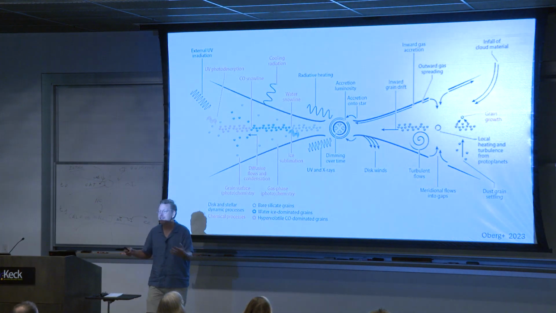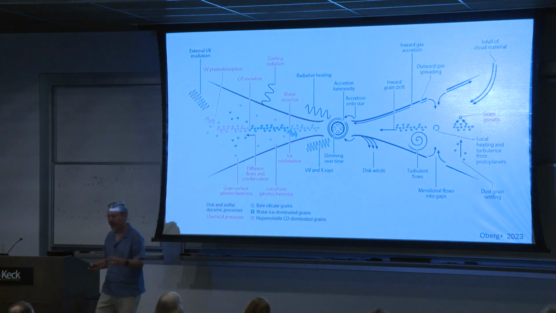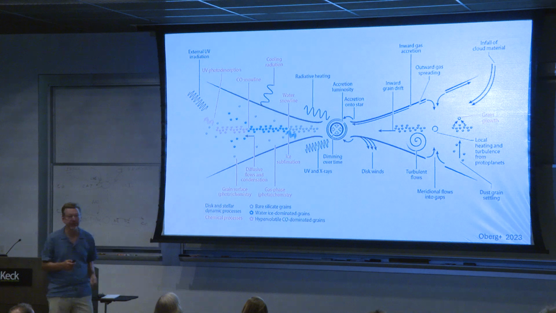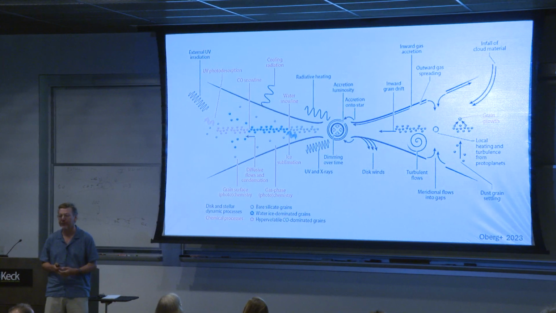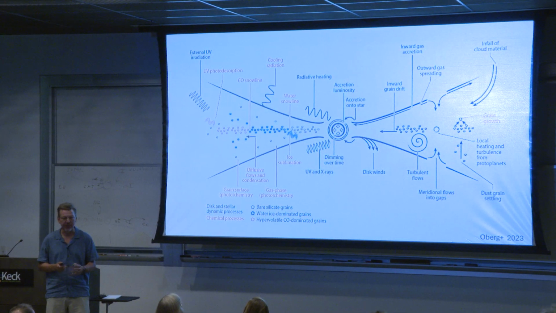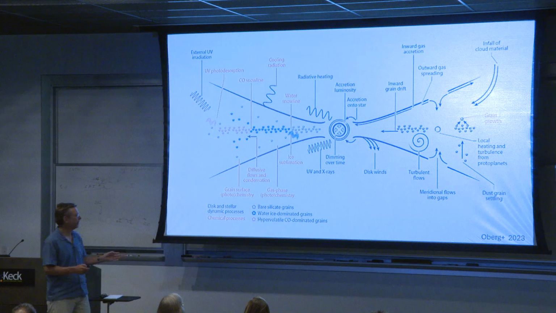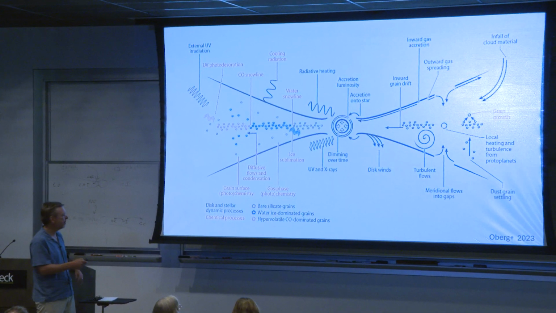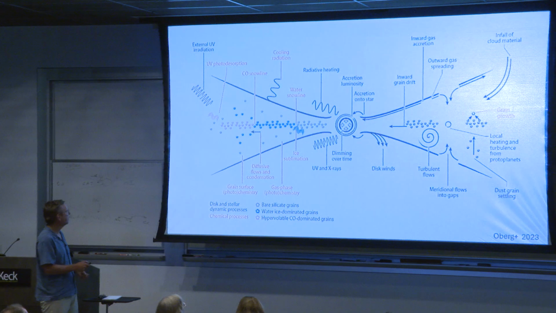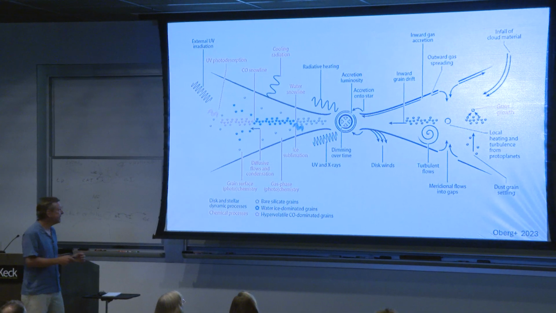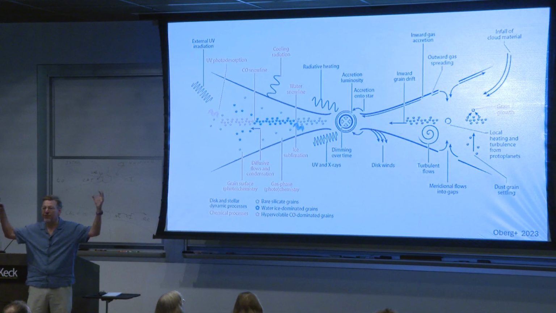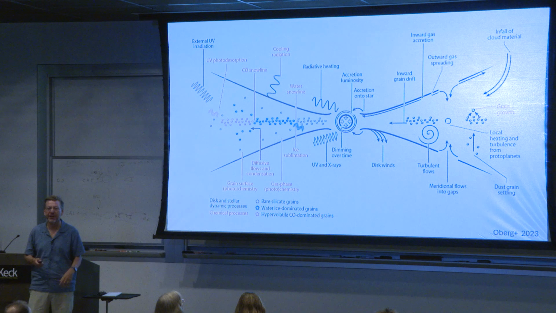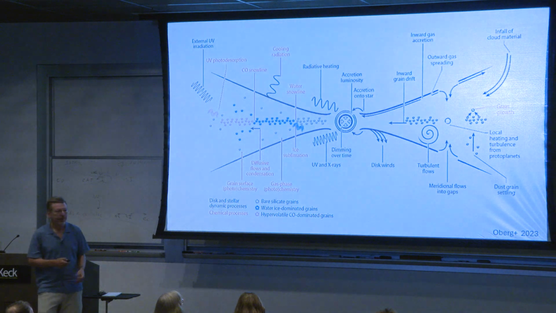So the processes leading to the ices we see in the outer solar system are incredibly complex. This is a similar version to one that you saw from Karen Oberg, a nice review. You can't just say, here's a disk, here's a temperature, here's an ice that condenses, or here's an ice that comes in from the interstellar medium, boom, we're done.